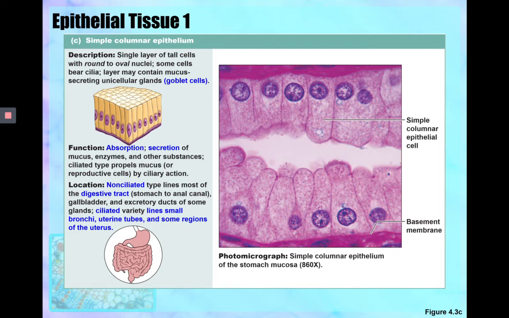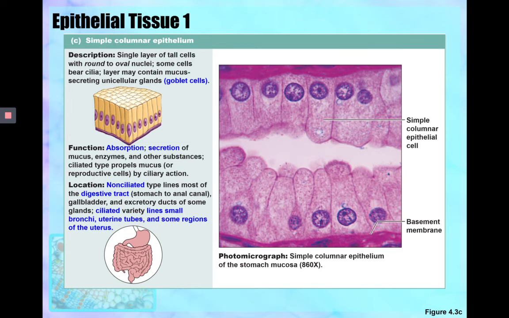Again, this type of tissue is great at absorption and secretion. It can secrete things like mucus, enzymes, other substances. These cells are so large that they can contain these secretions until they need to excrete them into an environment. So simple squamous would never be able to contain or hold these secretions before they excrete them.